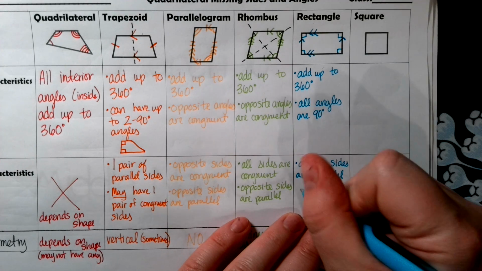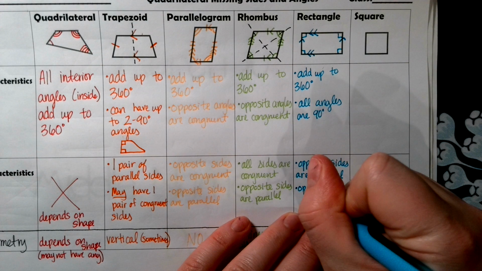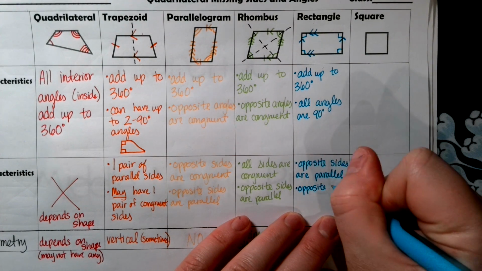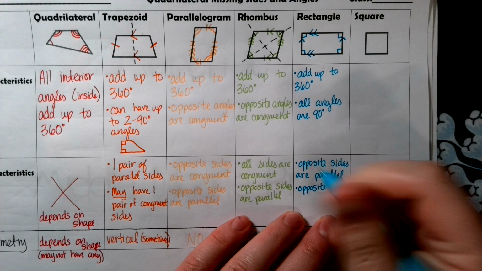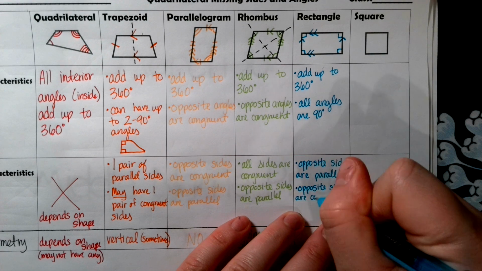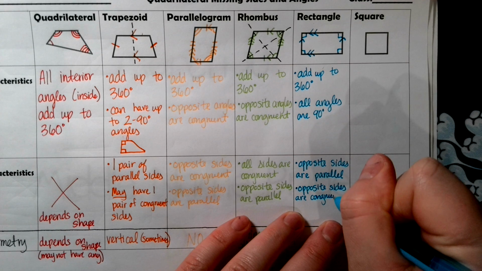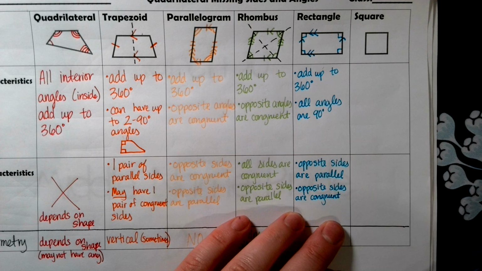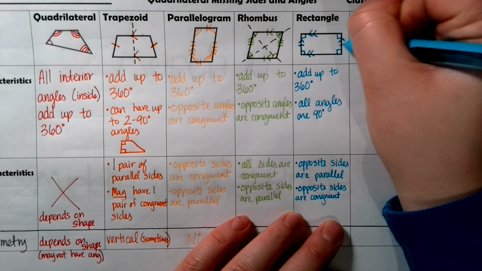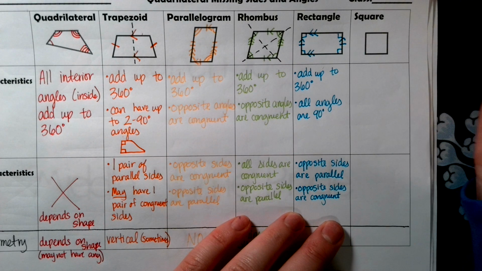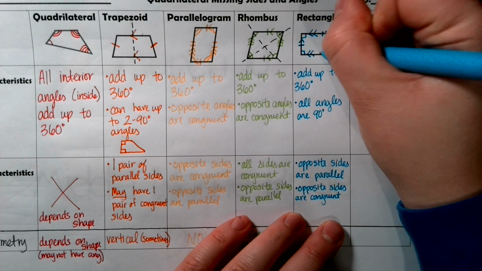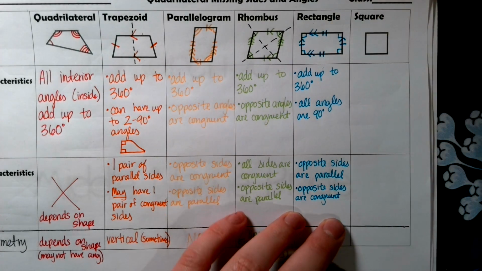Opposite sides are also congruent. Remember, congruent means the exact same. So my left side and my right side are the exact same, and my top side and my bottom side are the exact same.